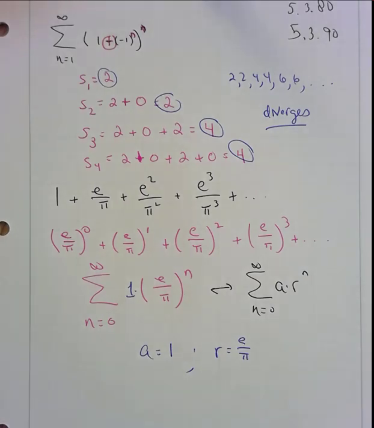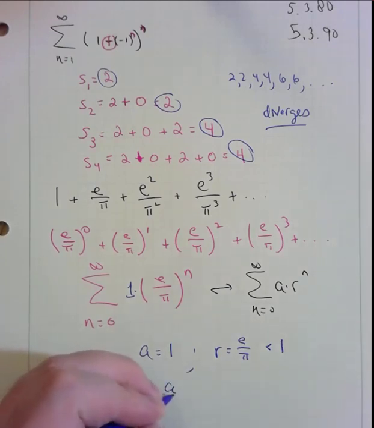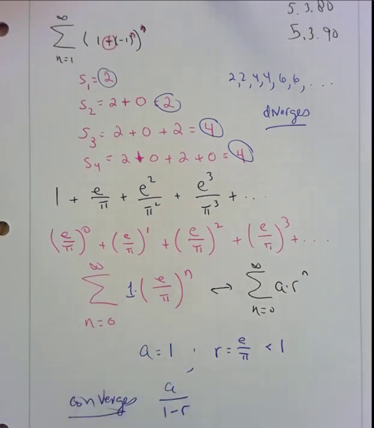And the geometric series formula tells us, this is in the notes and the book and everywhere else you look up geometric series, that our series will converge if the size of r is less than 1. Now e is 2.718, etc. Pi is 3.14, so e over pi is most definitely less than 1. So this thing converges. And it converges to, once you've identified a and r, the geometric series, if it converges, will converge to whatever number a over 1 minus r turns out to be.